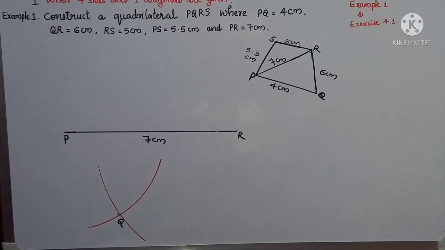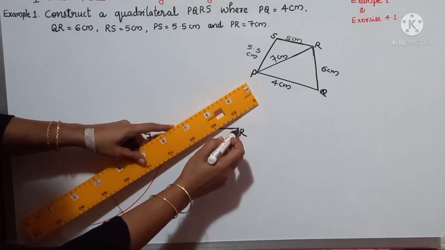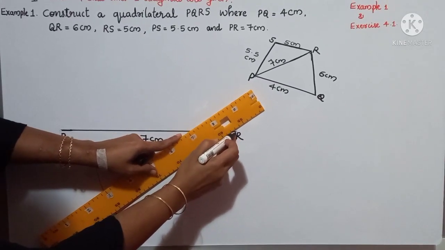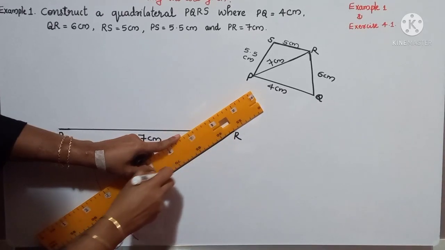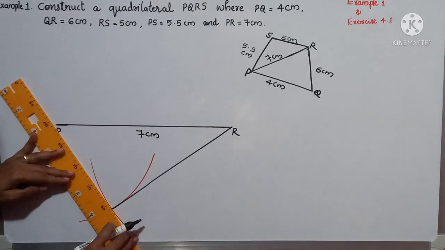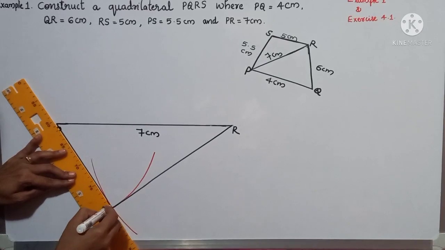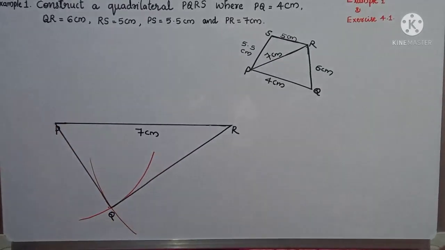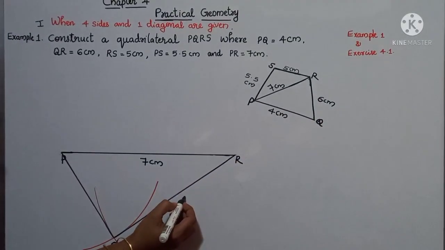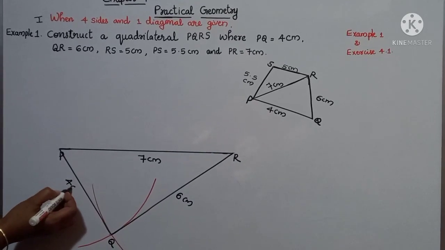By using a ruler, we can join these points. Similarly, join PQ also. Then we have to give the measurements here. RQ 6 centimeter right here, and PQ 4 centimeter also we can write here.